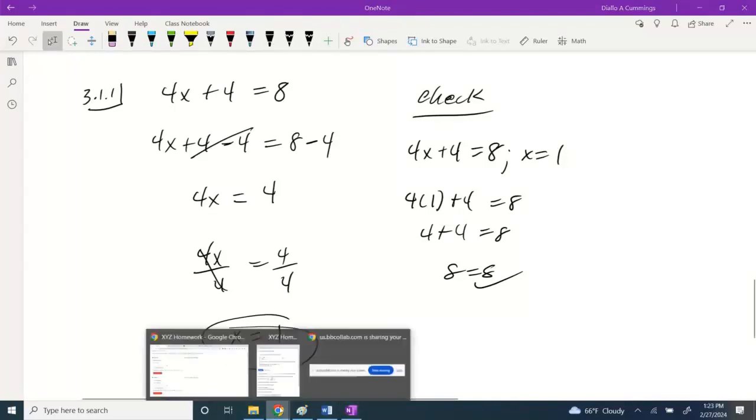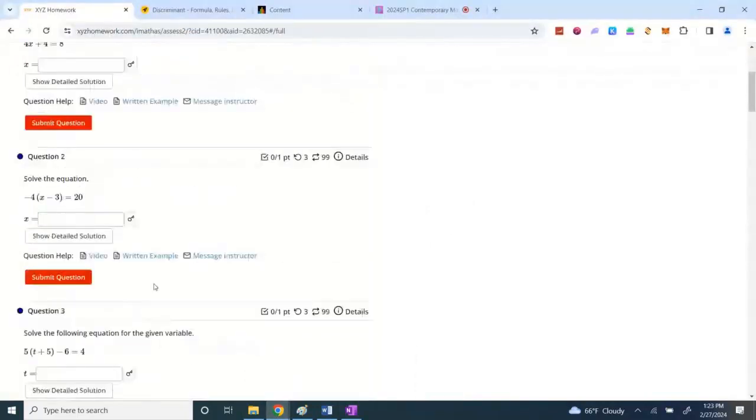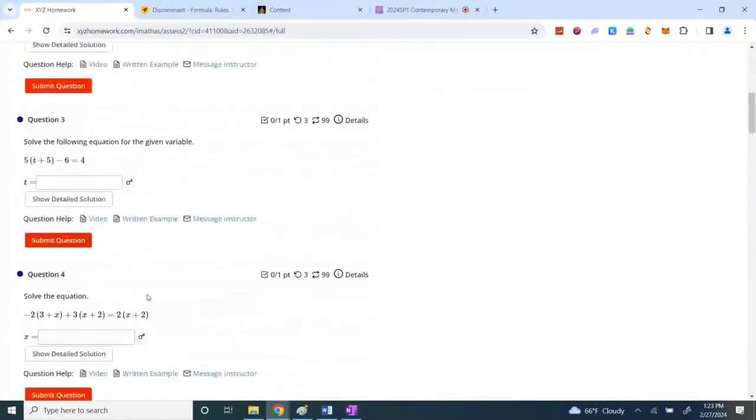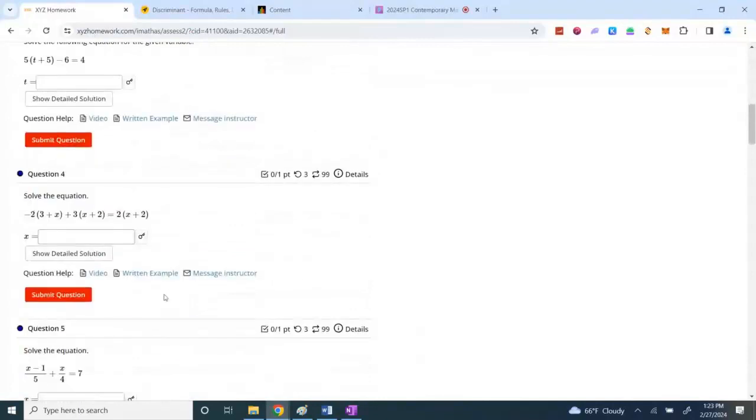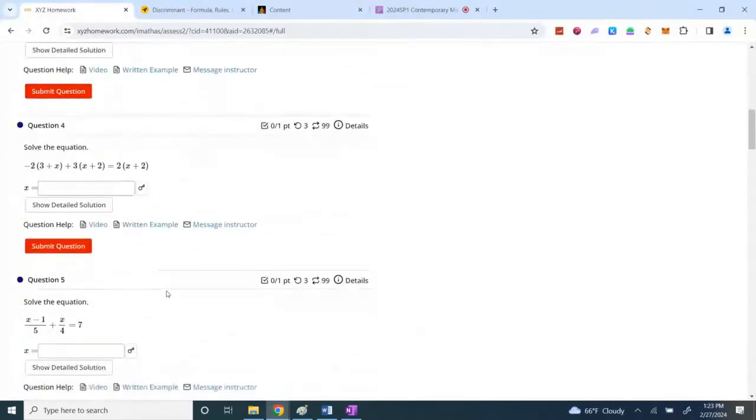Now, as you go through the problems, the difficulty level kind of rises. Let's take a look at number 4. And we got a lot of parentheses in number 4.